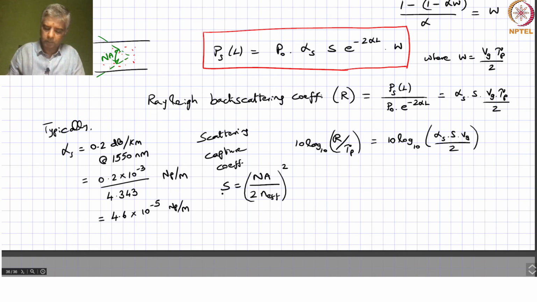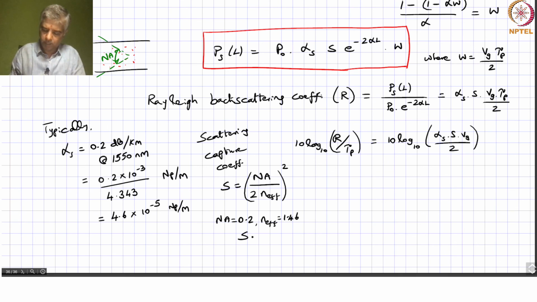Now if you put in typical numbers, NA for a single mode fiber is around 0.2, and n effective is around 1.46. If you calculate S based on these numbers, that corresponds to about 4.7 times 10 power minus 3. That's unitless because it's just a fraction. If you plug that back in, you get a number with respect to the pulse width.